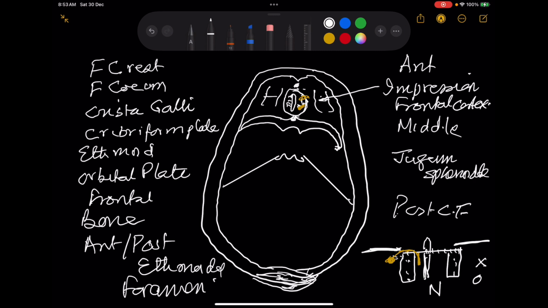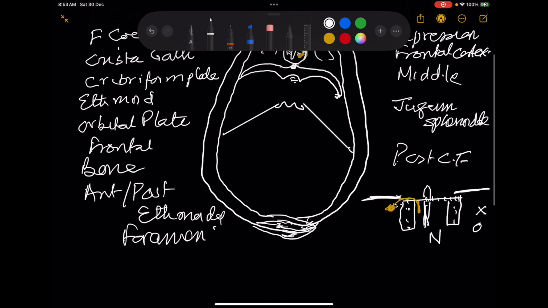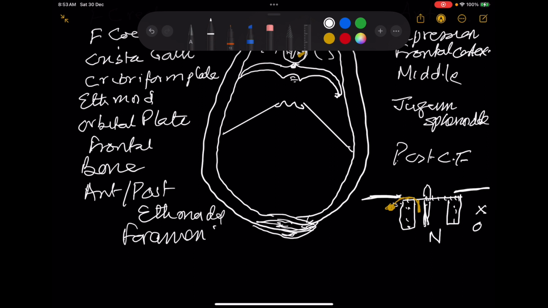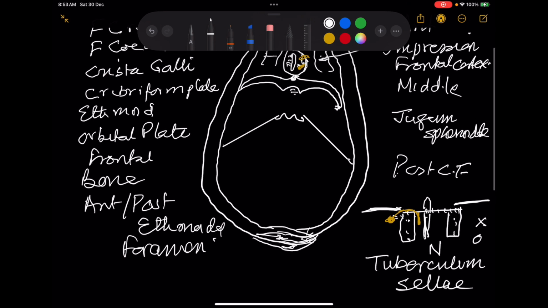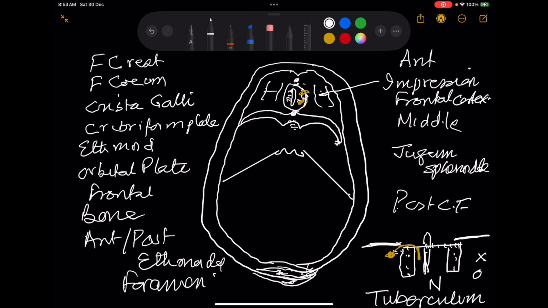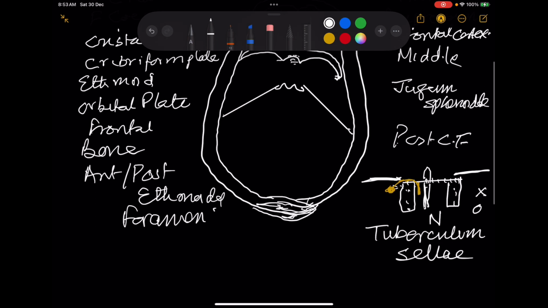And behind this you have this prominence, which is called the tuberculum sellae. So here is the tuberculum sellae. On these two sides are the anterior clinoid processes.